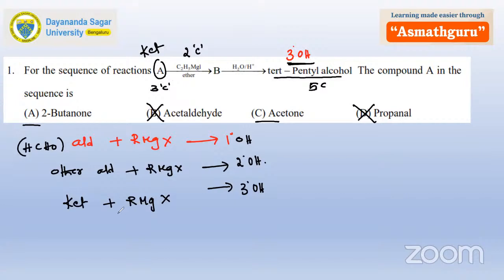The ketone having 3 carbons is acetone. Butanone cannot be, because it has 4 carbons; if I take it, I will end up with 6 carbons, but I'm supposed to get only 5. So the answer should be acetone, CH3, C double bond O, CH3. It has 3 carbons. That is the answer. You can take a screenshot.